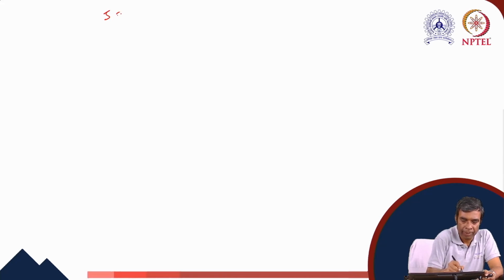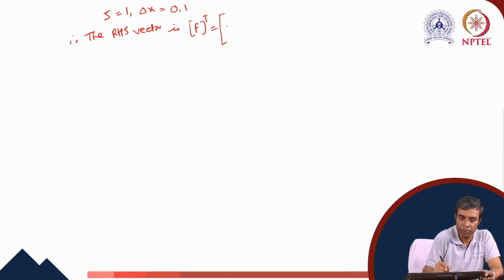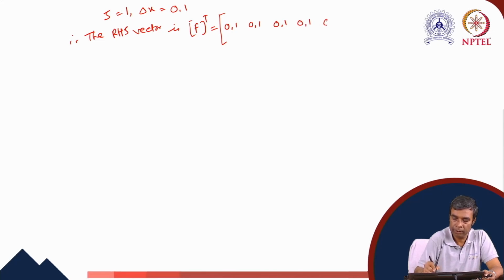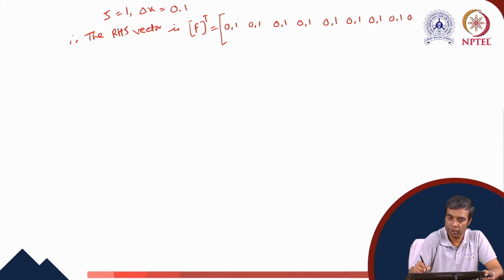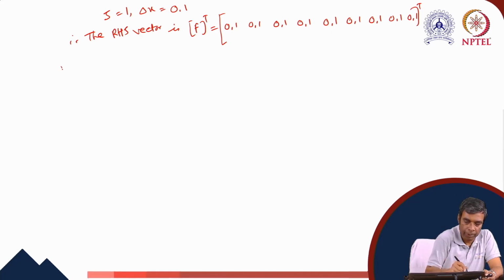Now we have S equals to 1, delta x equals to 0.1. So the RHS vector is F transpose equals to 0.1, 0.1, 0.1, 0.1, 0.1, 0.1, 0.1, 0.1, 0.1.